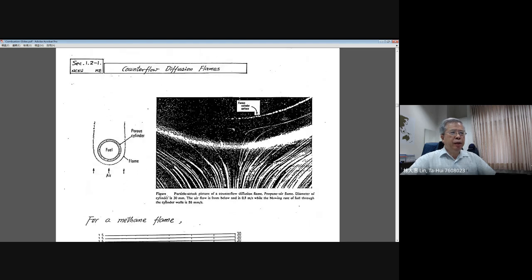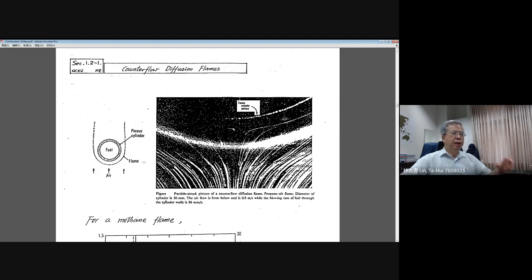Now I give you the next example. We are looking at the counterflow diffusion flame, or we call it an opposed-jet flow diffusion flame. I use one example like this. You can see these pictures on the left-hand side. There is the fuel supply.